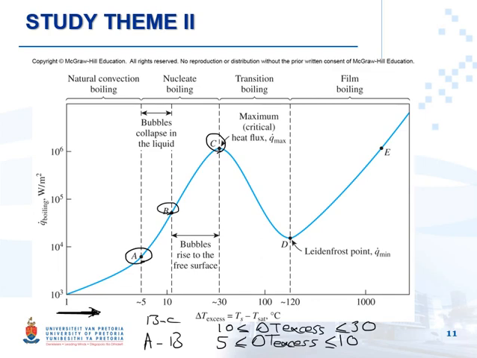But when the delta T excess is increased beyond point B, more nucleation sites become active, and increased bubble formation will result in bubble interference. In the second region, from B to C, the heater temperature is further increased, like the surface temperature, and bubble formation rate will increase as well.